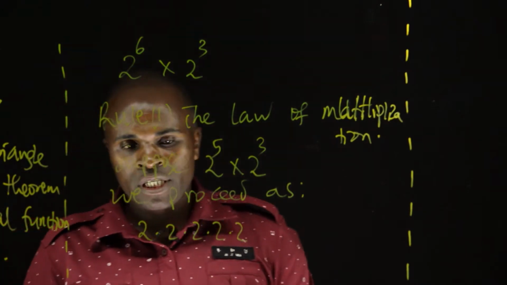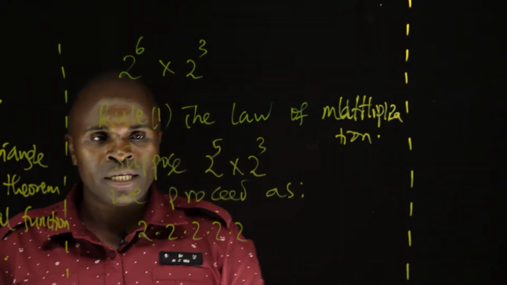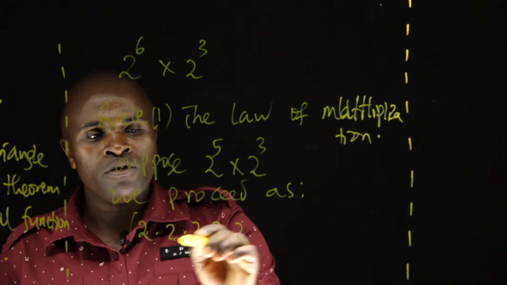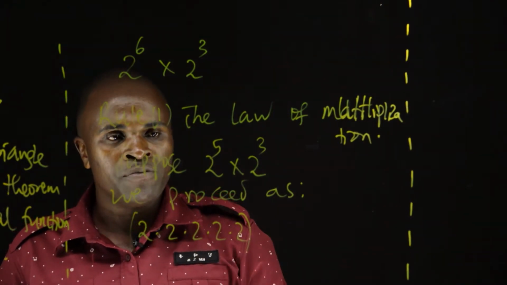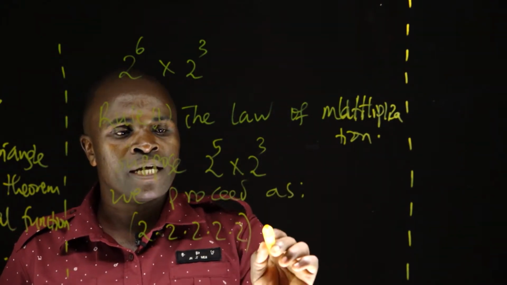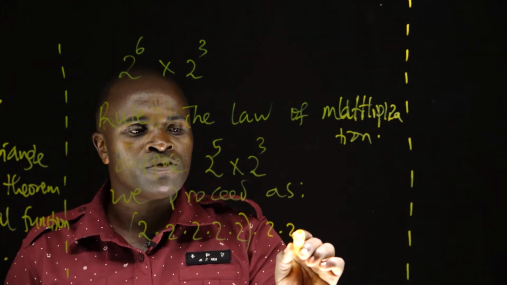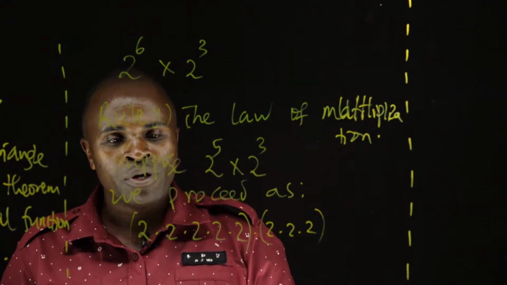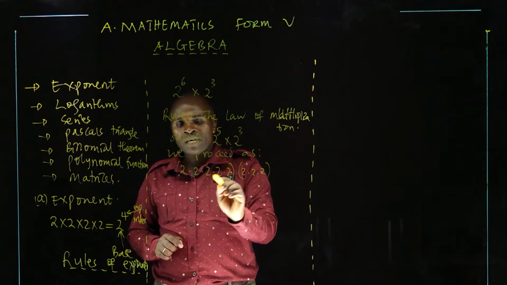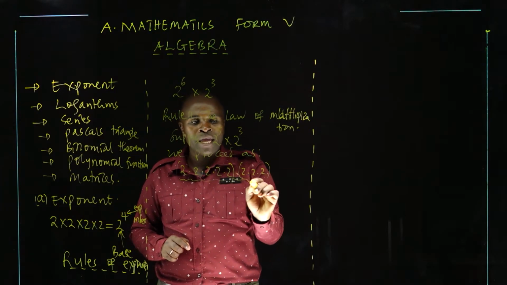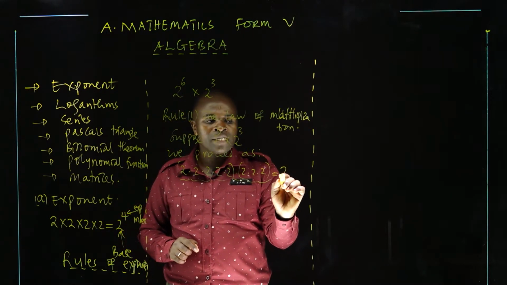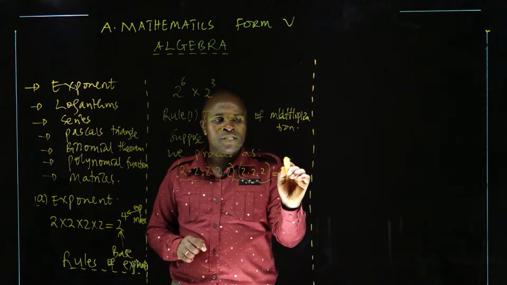We are using a dot to ease the multiplication instead of using times. And then grouping this as the first group, and then connecting with the second part, which is 2 times 2 times 2, making another group. When you count from the beginning up to the end, you will find that it is the same as writing 2 power 8.